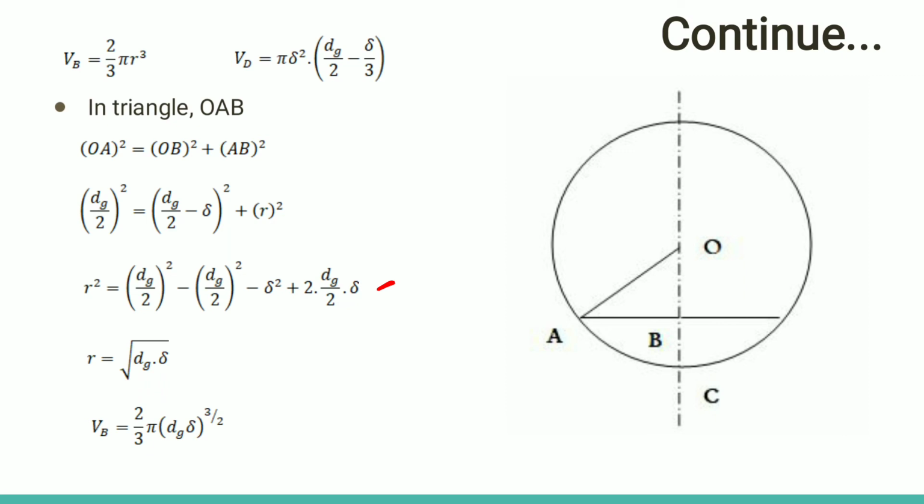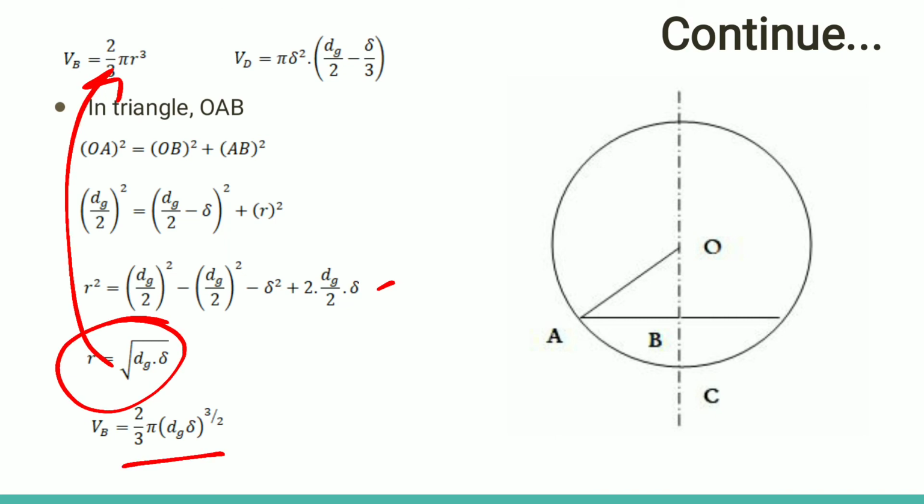Now I'm putting this value of r in the volume, which gives 2 by 3 pi into dg into delta raised to power 3 by 2.